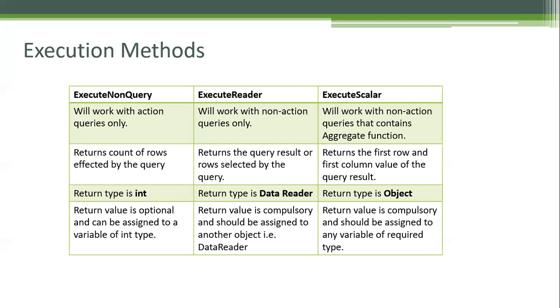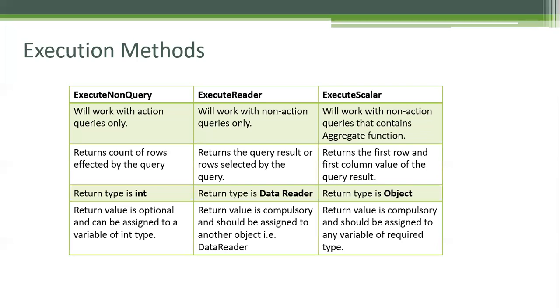So these are the three execution methods available with the command object. Execute non-query is used to perform all action queries like insert, update, delete. Execute reader only works with non-action queries like select, and returns the query result or rows selected by the query.